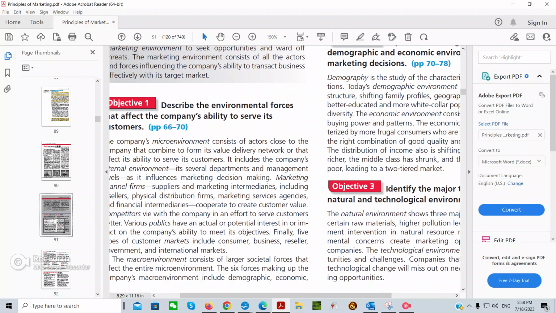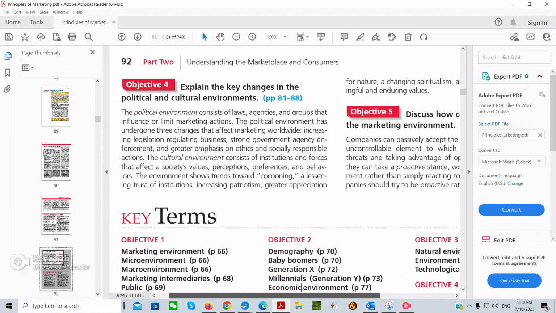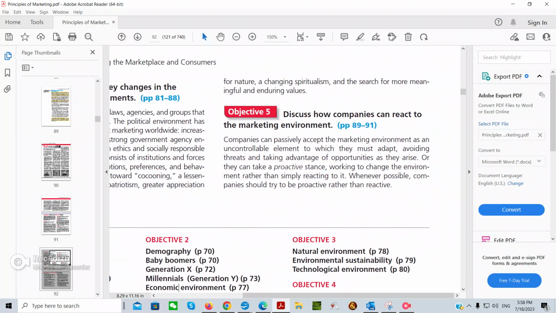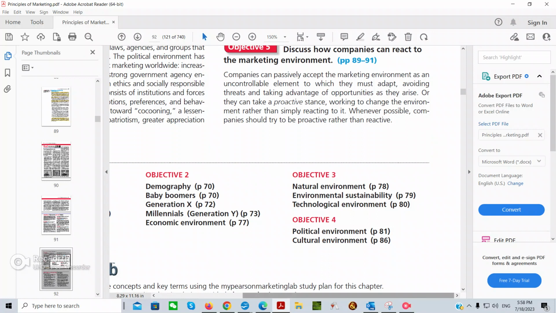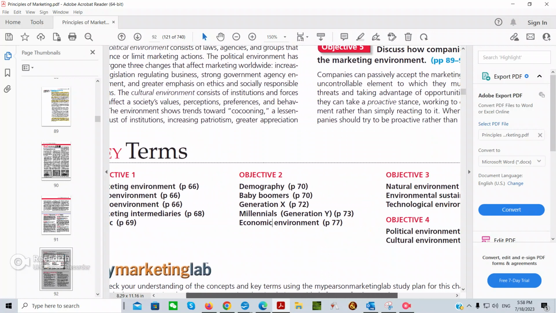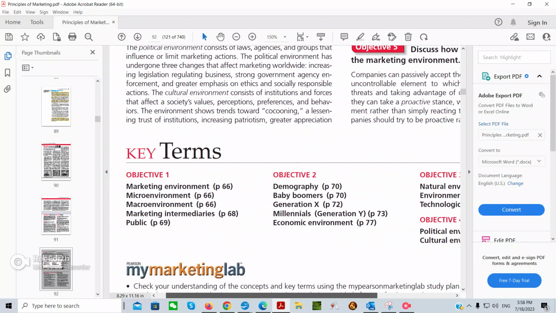In Objective 3, we identified the major trends in a firm's natural and technological environments. And then Objective 4, we talked about and explained the key changes in the political and cultural environments. And finally, in Objective 5, we discussed how companies can react to the marketing environment. So make sure you review that.